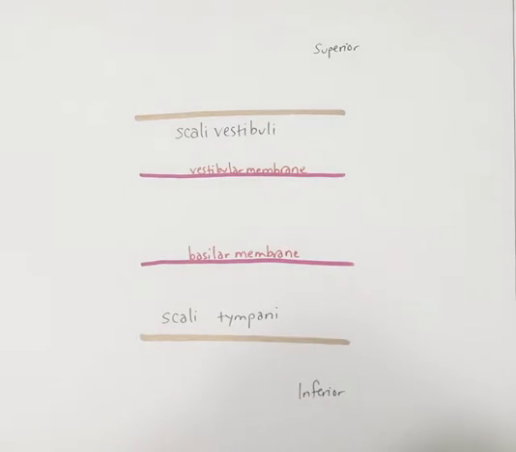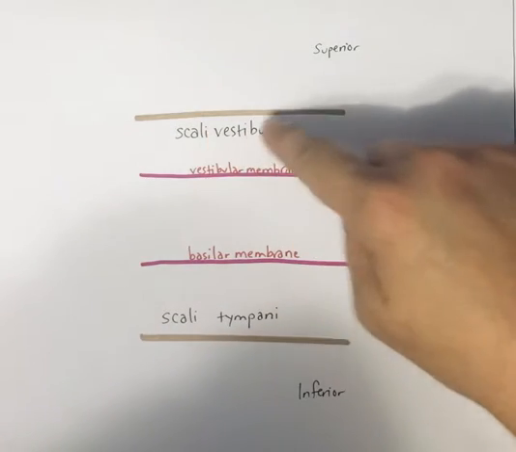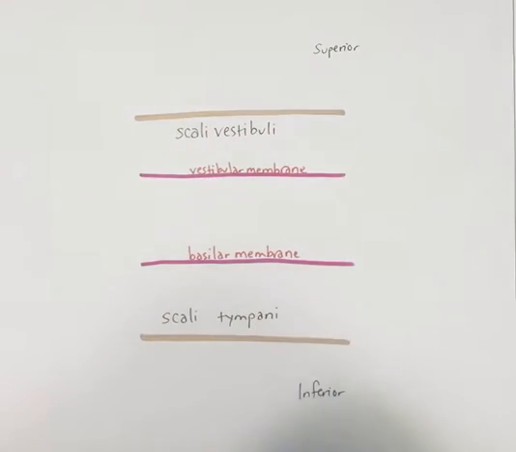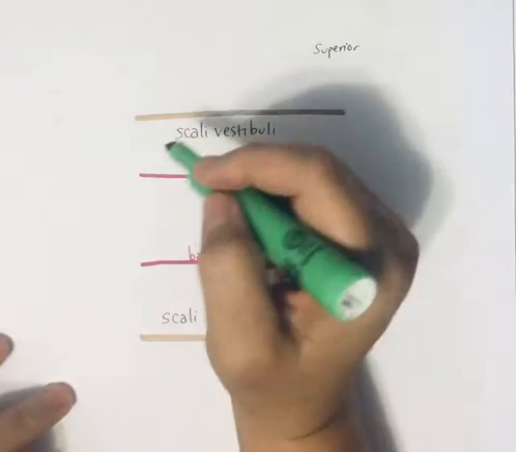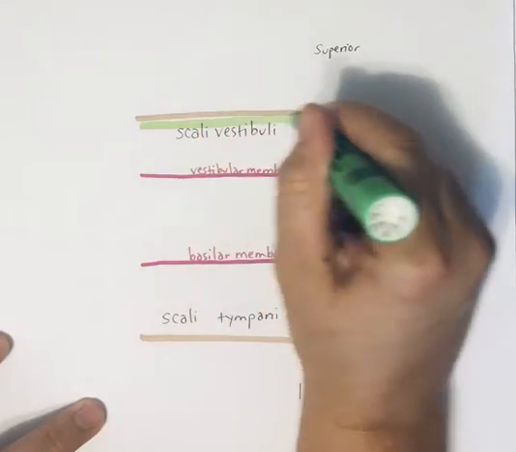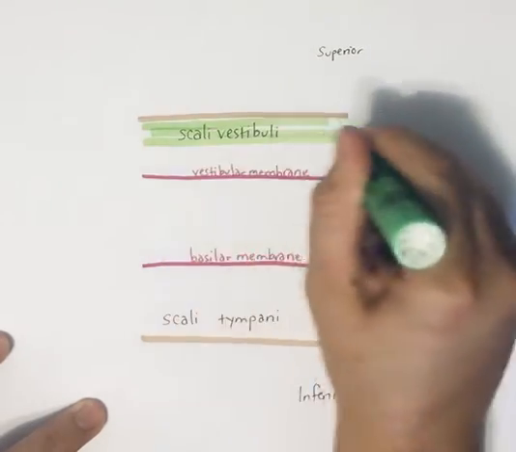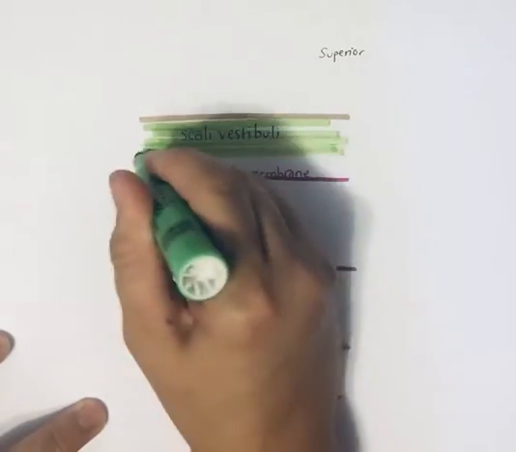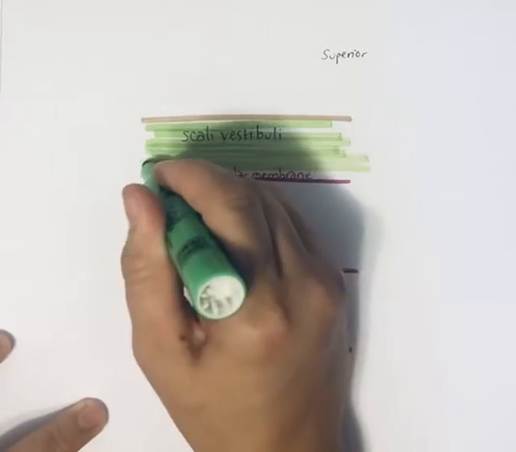Now, inside of your scala vestibuli, we have fluid that is going to circulate on the outside and the inside. The name of the fluid in the osseous labyrinth, which is filled up with fluid, we call perilymph. The word peri means around.